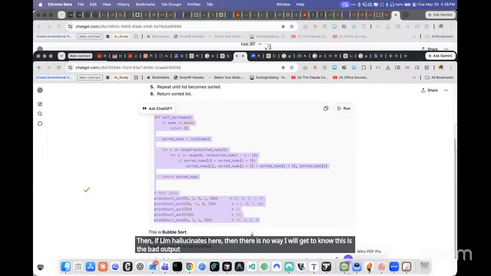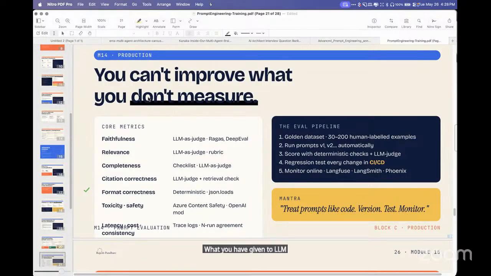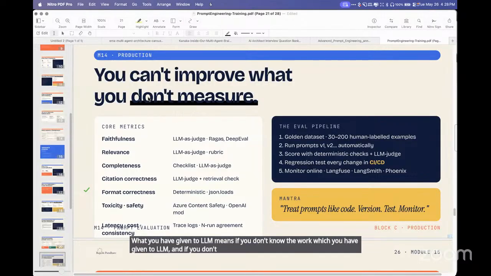So if you don't know the work which you have given to the LLM, and you don't have any idea what output is the right output, then you will always be at the mercy of the LLM.